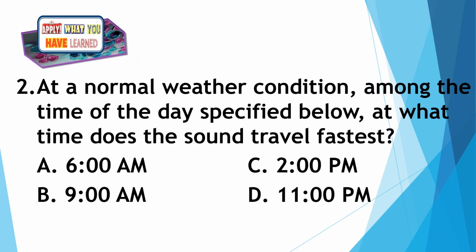At a normal weather condition, among the time of the day specified below, at what time does the sound travel fastest? A. 6 o'clock a.m. B. 9 o'clock a.m. C. 2 o'clock p.m. D. 11 o'clock p.m.